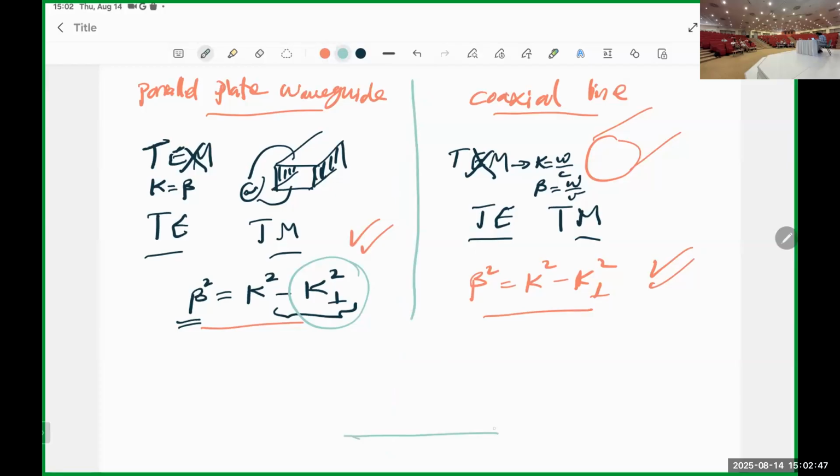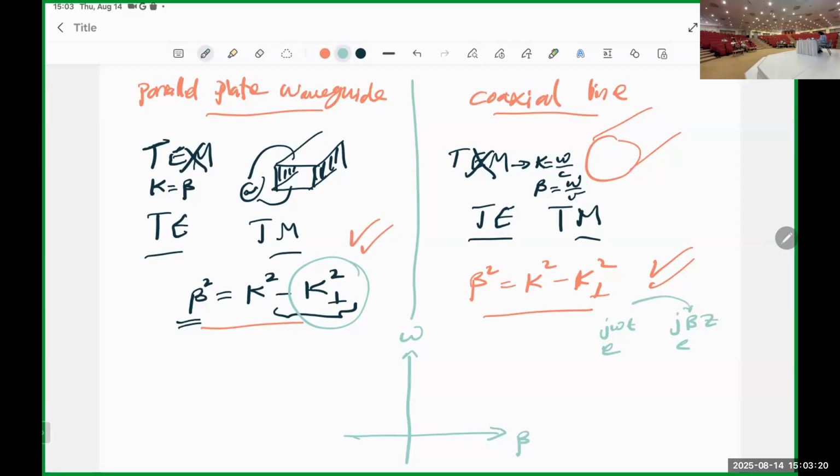If you have the curve, which is basically the dispersion curve, it is beta versus omega. There are different ways of writing this, but it is nothing but trying to find the relation between the temporal component of the fields and the spatial component of the fields, if we assume the direction of propagation is the z direction.